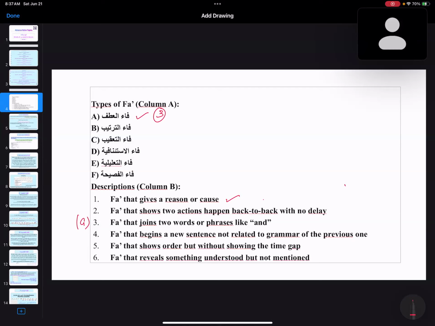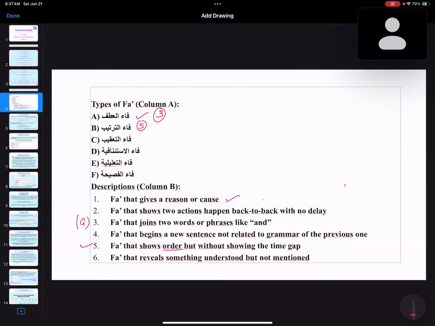Number 5, fa that shows order but without showing the time gap. That is tartib. The incidents are going to be in order, but they are not talking about the time.